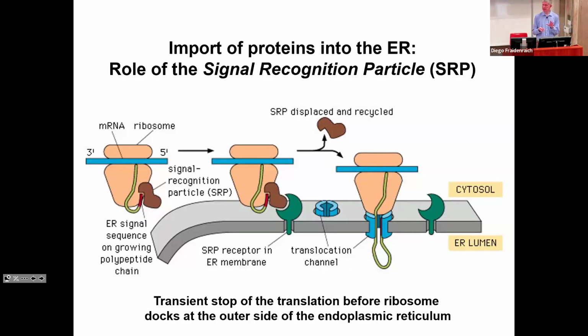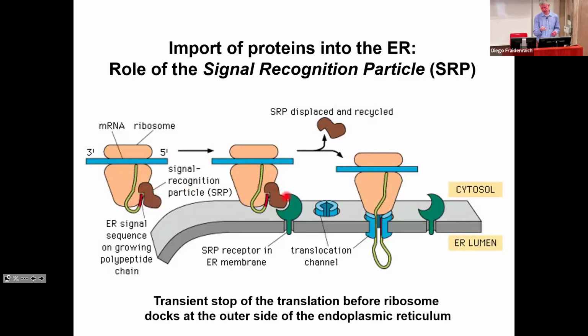So the key part is this signal recognition particle. You want to memorize what it does, where it binds, and where it's needed. It will stall translation for some time, and it binds to the ribosome as well as to the signal sequence.